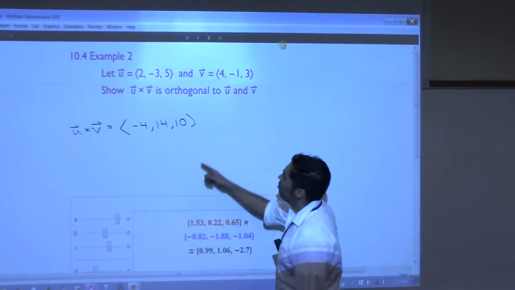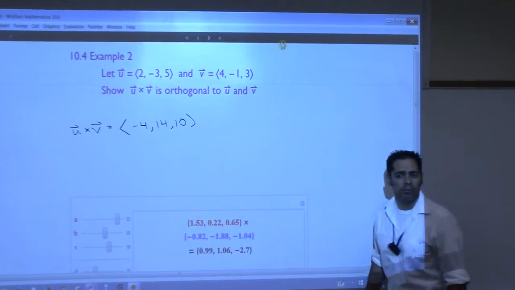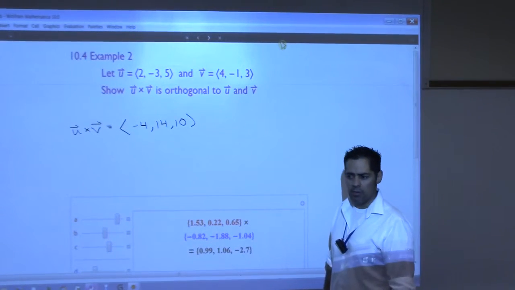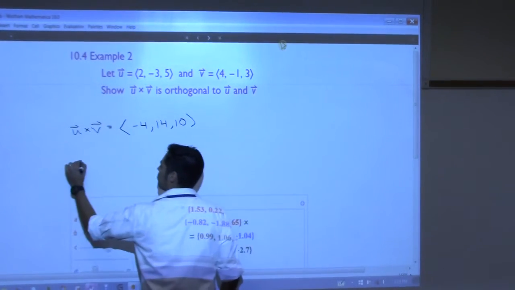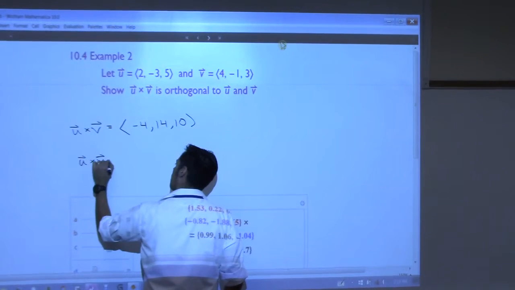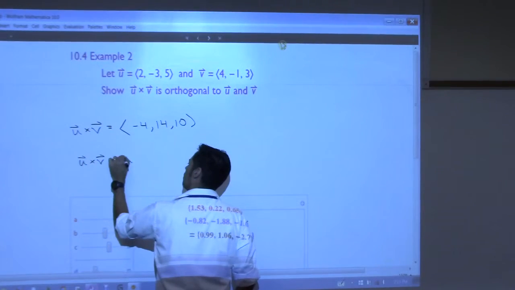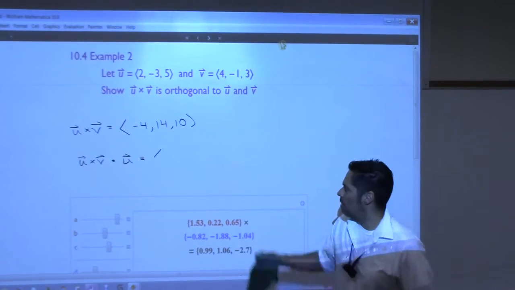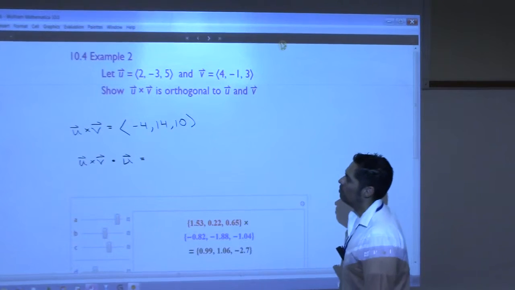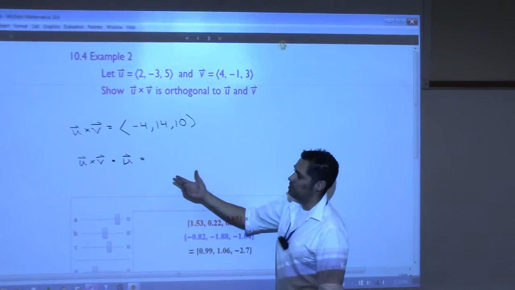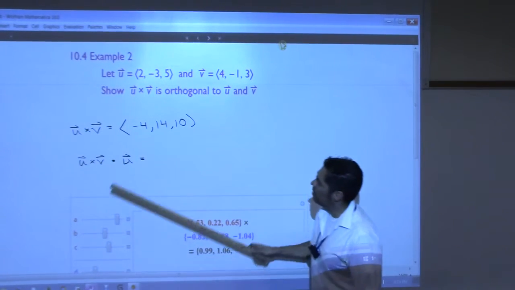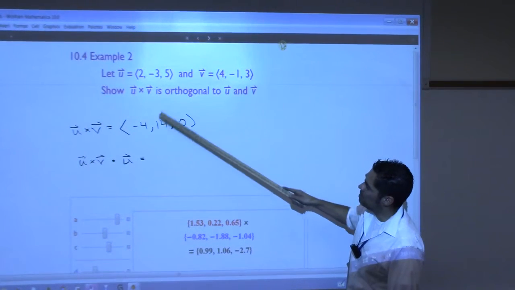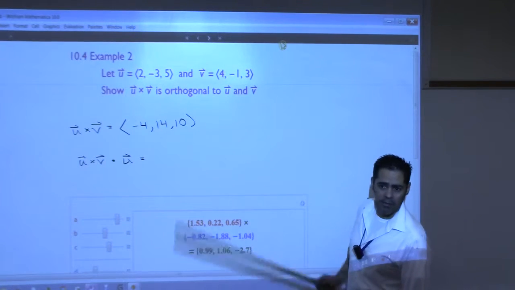I want us to show that that cross product is orthogonal to u. So how would you show me that? Dot it with u, right? So how about we take this cross product and we dot it with u. Dot product's not a vector. What would you get? You're doing 4 times 2, 14 times negative 3, 10 times 5, right?